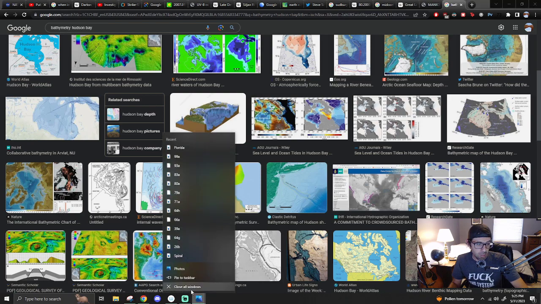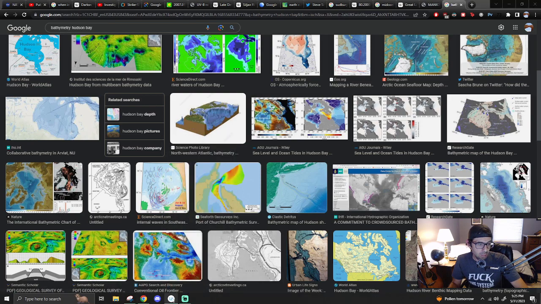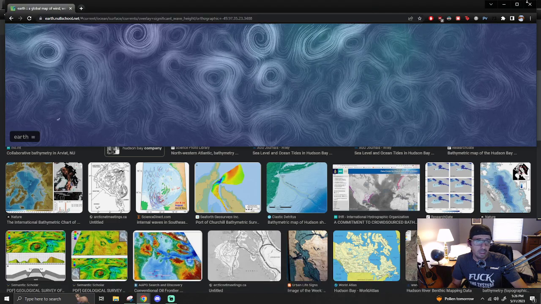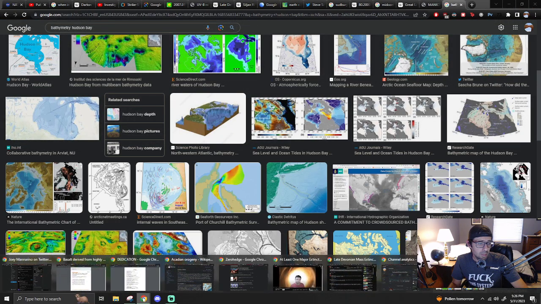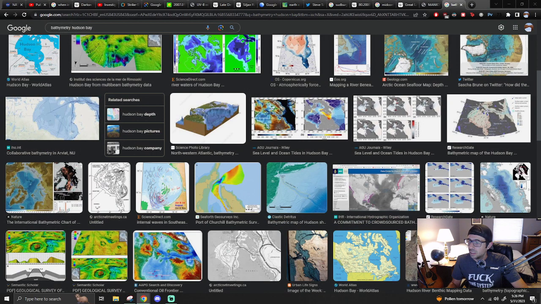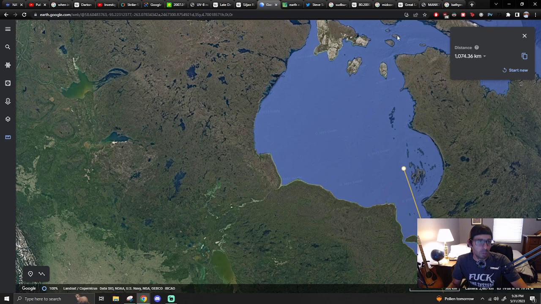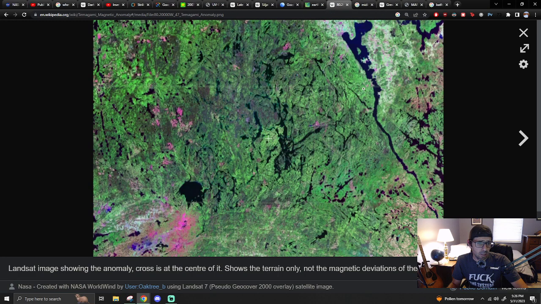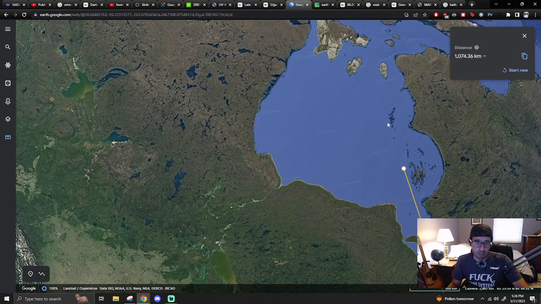Okay, let's close them all. Close whatever this thing is. I know I have a ridiculous amount of tabs open, computer. Let's close this. Close that. Okay.